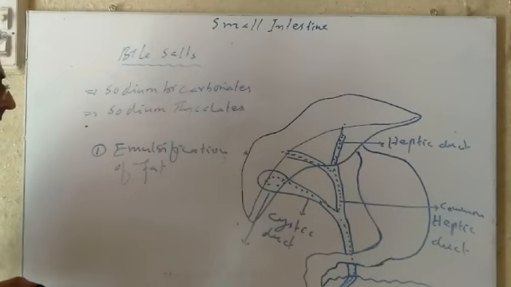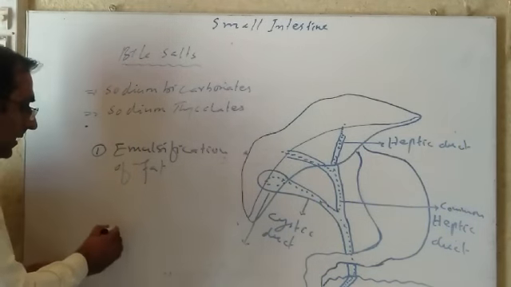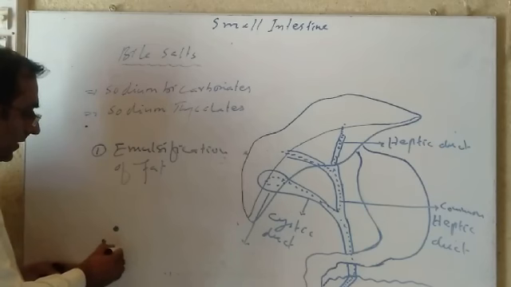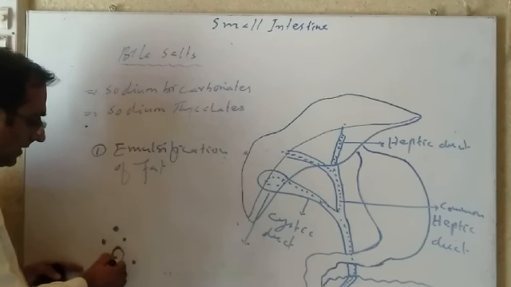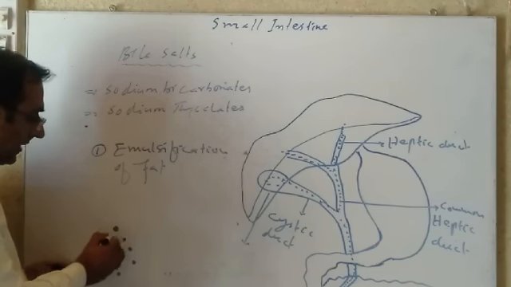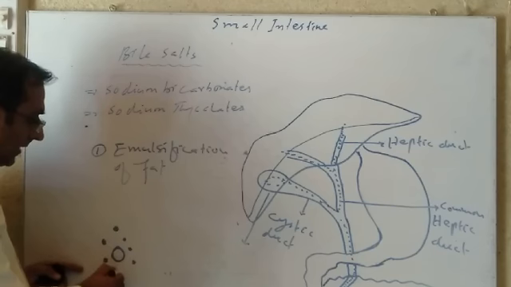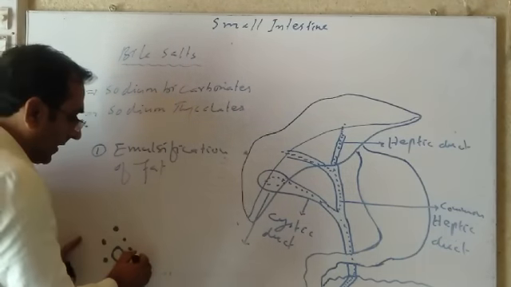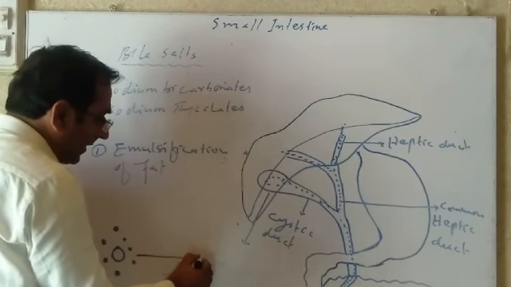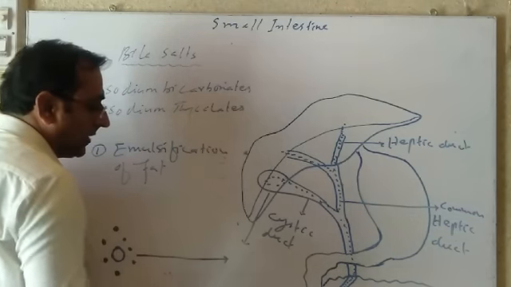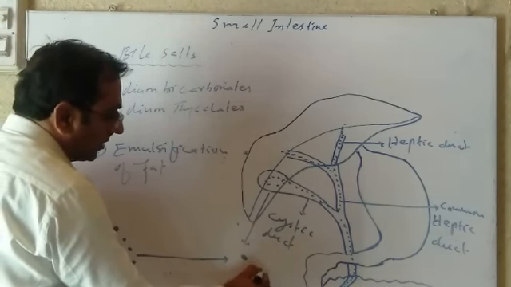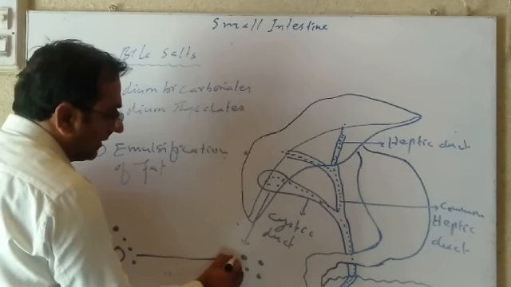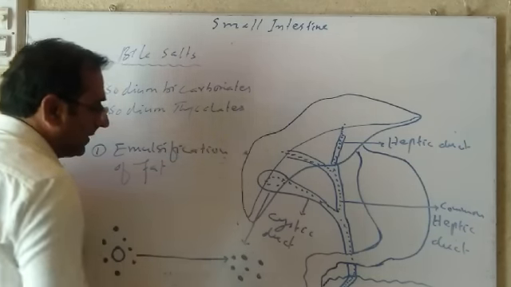Emulsification is the process in which bile salts, these are the bile salts and this is the fat. When these bile salts act upon the fat, this fat is emulsified and changes into small droplets known as the fatty droplets.